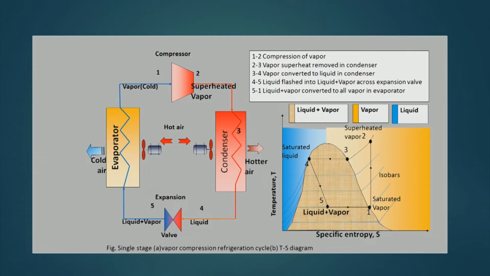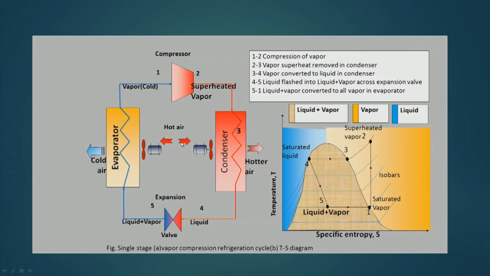This vapor is at a higher temperature and pressure, and this is cooled down by air. Here we have shown that there is a fan, it pushes air into this condenser. So, at ambient temperature it condenses to liquid. When it comes out, this vapor at a higher temperature and pressure converts into a liquid, but this liquid is at a higher temperature.